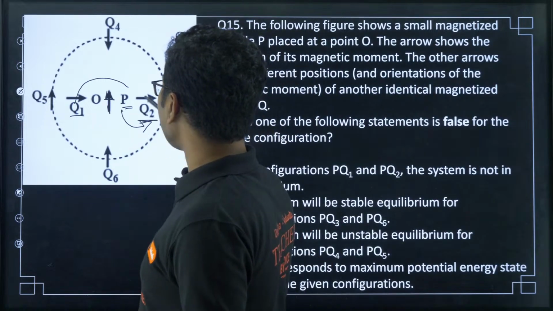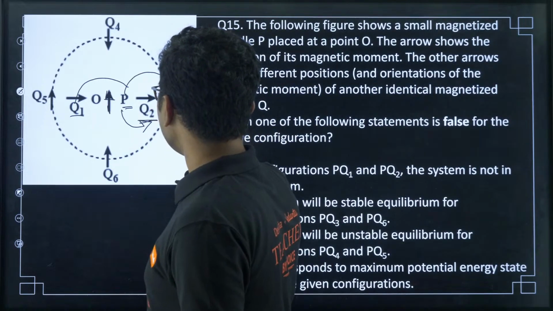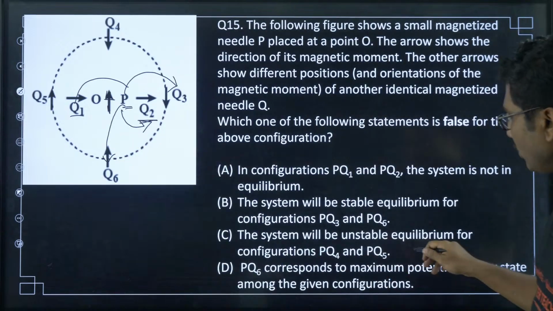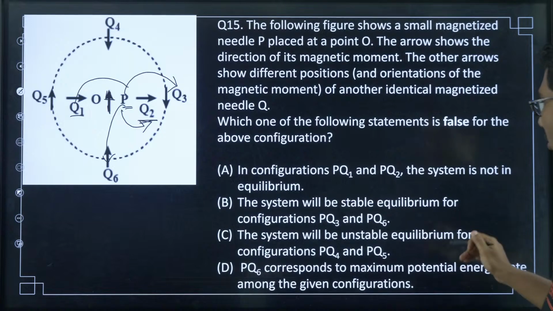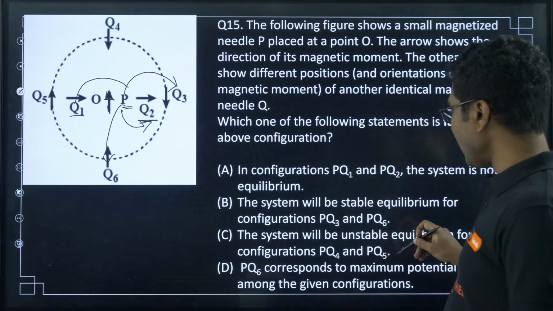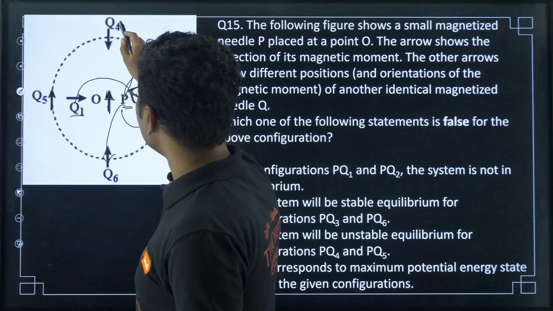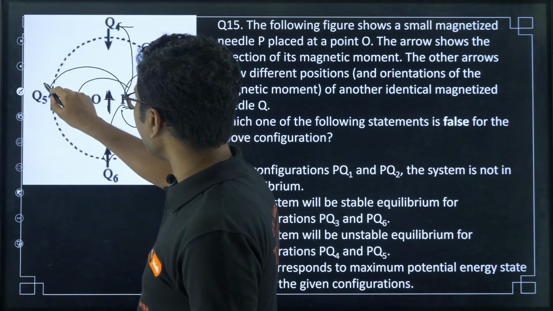The system will be in unstable equilibrium for configurations PQ4 and PQ5.